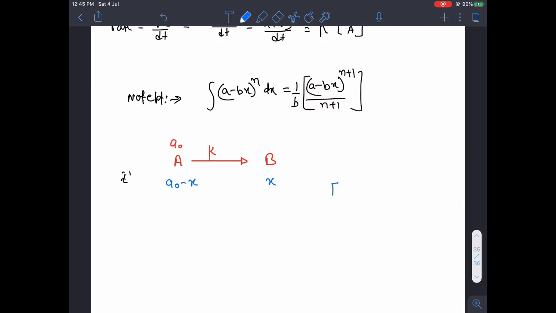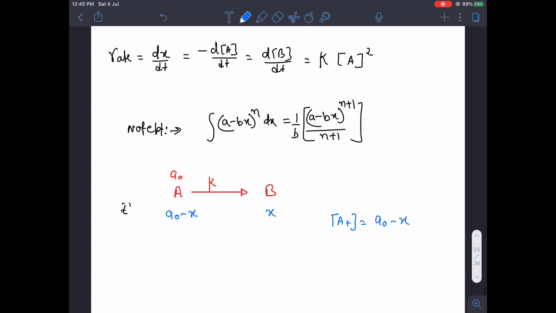So I can write that A at time t is simply A naught minus x in terms of x. Now using this equation, we get dx by dt is equal to K into A square, and A is simply this value. So I'll use K into A naught minus x whole square.